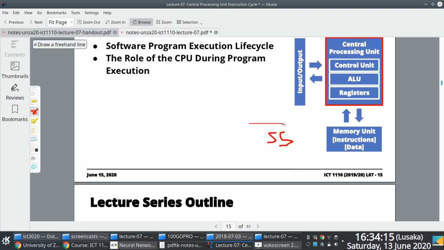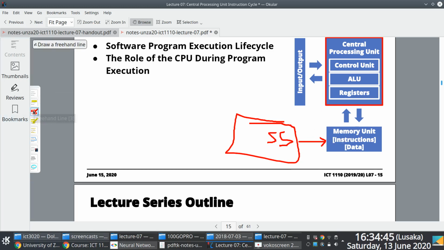And then from secondary storage, once you double click that program, it gets loaded into so-called RAM, right? Which we discovered is volatile. So it is loaded from non-volatile memory called secondary storage, or computer storage, into volatile memory called RAM.